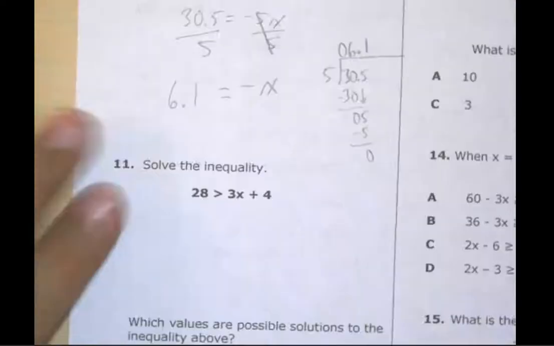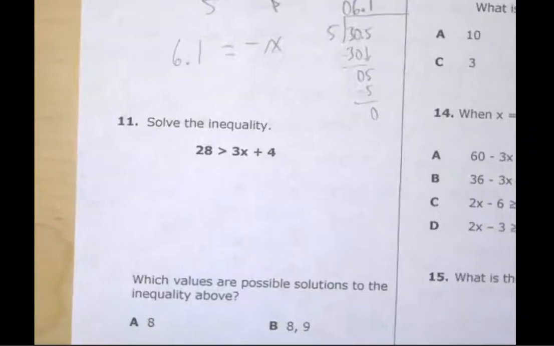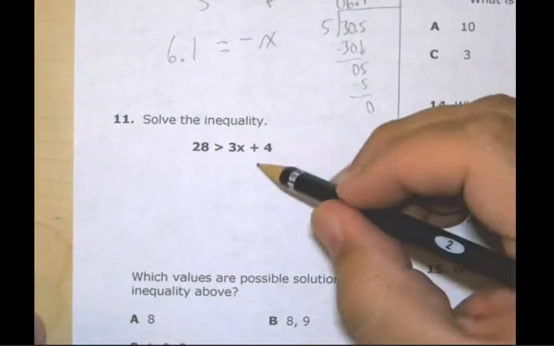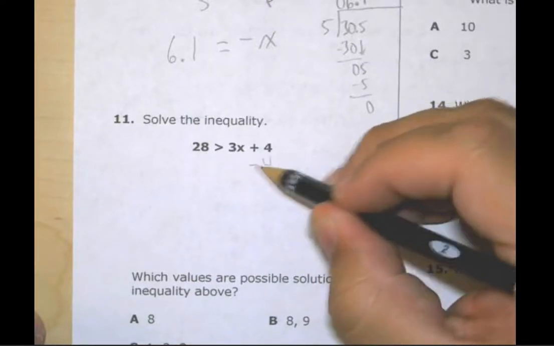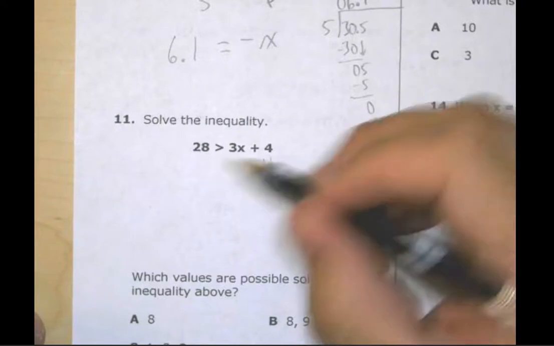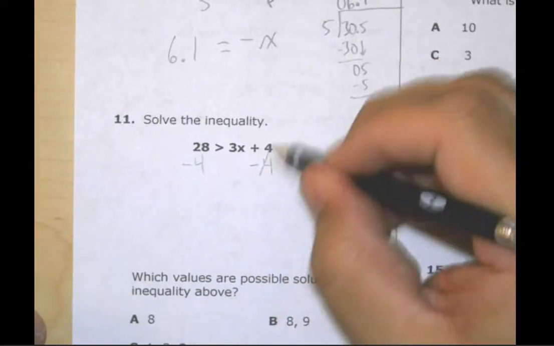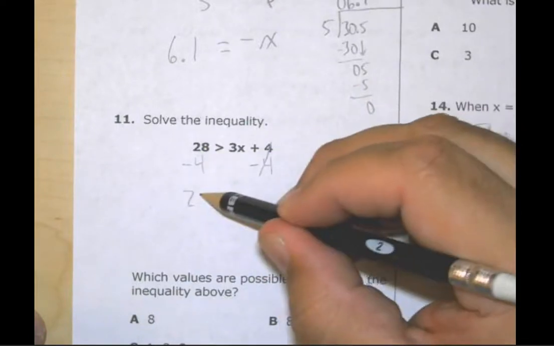Question 11 is solve the inequality 28 is greater than 3x plus 4. First step, just like all the other ones, would be to isolate my variable. I need to get rid of my plus 4 with my inverse operation of subtraction, or adding a negative 4, however you want to look at that. 0 pairs. 28 minus 4 is 24.